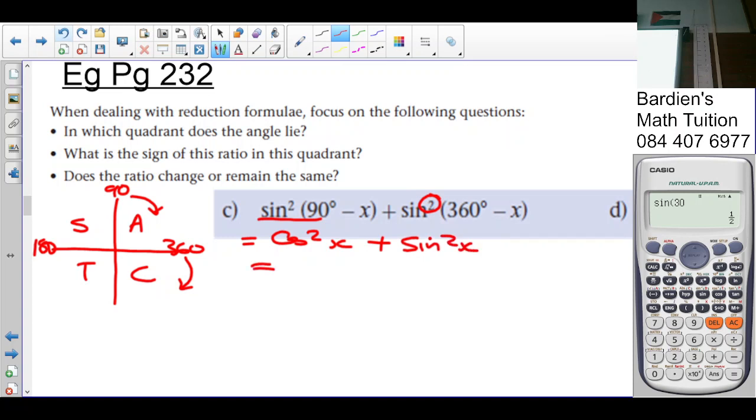Now, must it change to cos squared x? No. Why not? It's not 90. You guys understand? So what is cos squared x plus sine squared x? The answer is? Any confusion there?